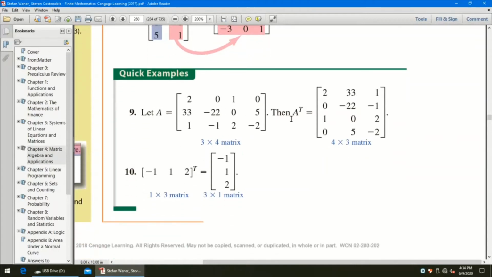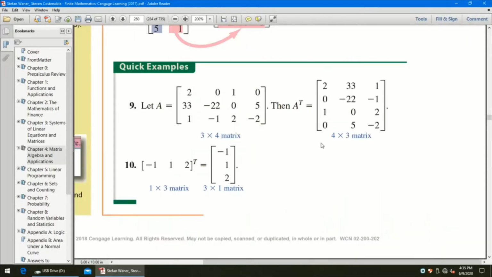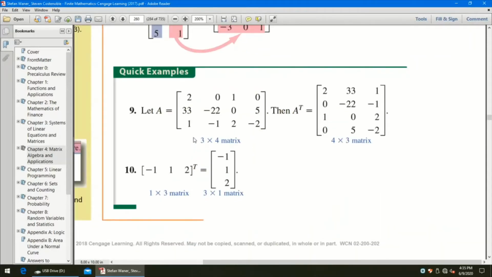If you transpose now 2, 0, 1, 0, 3, 3, minus 2, 2, it's going to be 3, 3, minus 2, 2, 0 and 5. And then we have 1, minus 1, 2, minus 2. So this is now 3 into 4, because this is 3 rows and 4 columns. And this is 4 rows now into 3 columns.